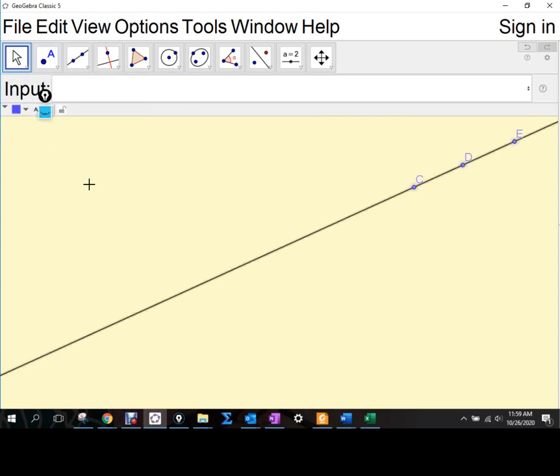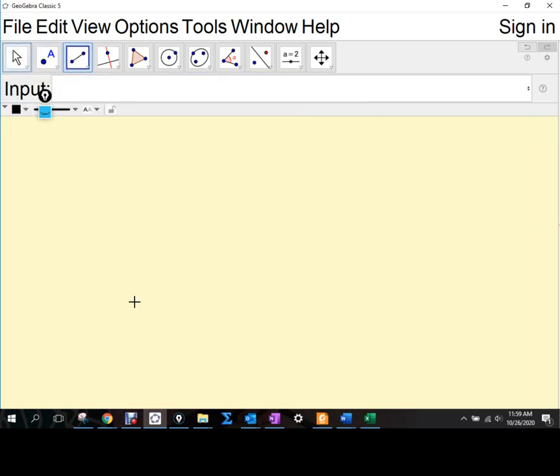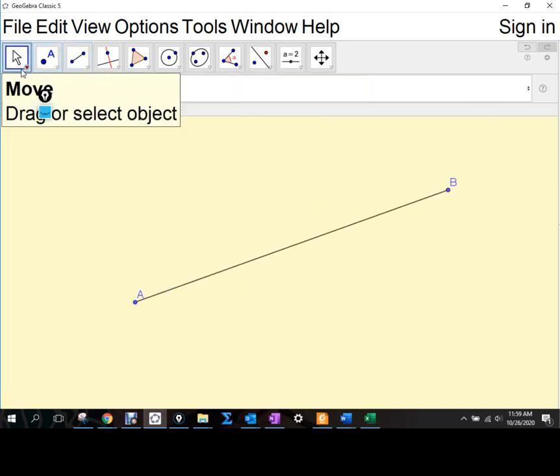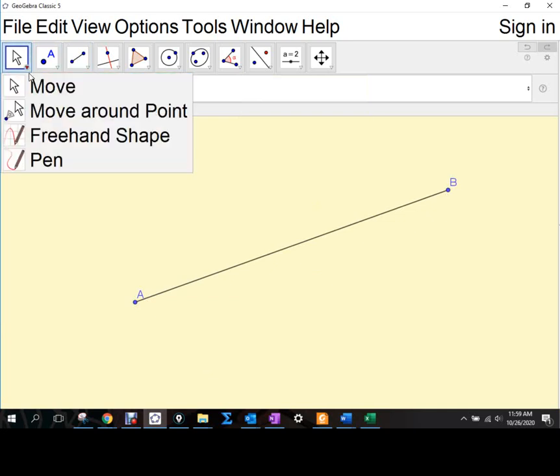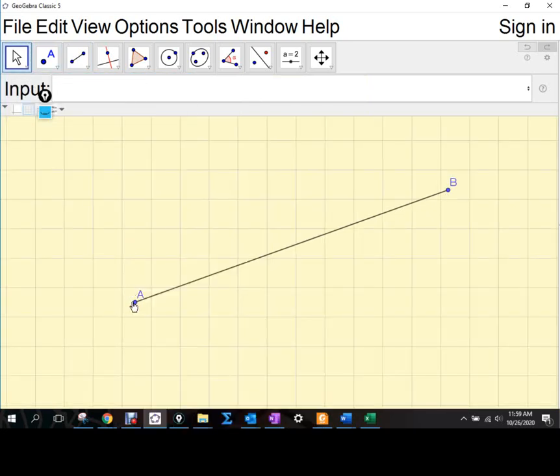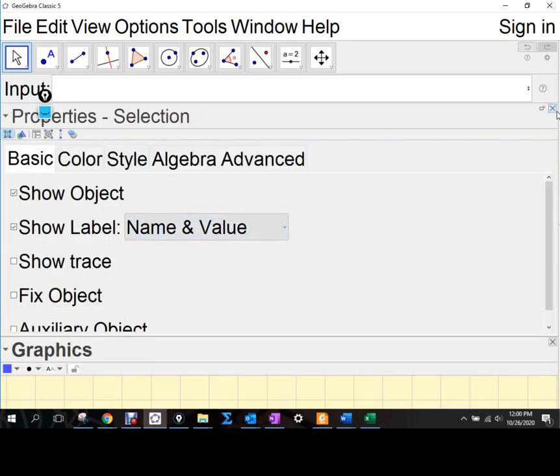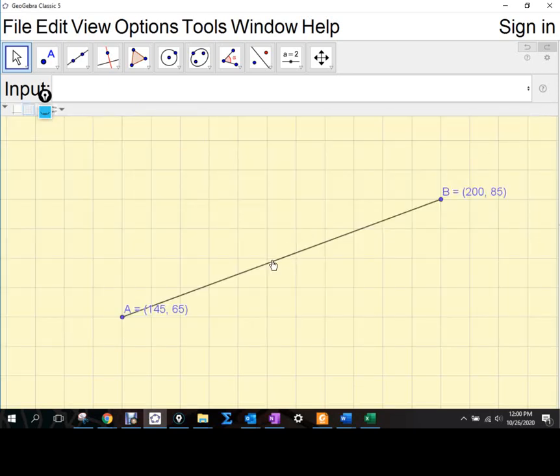So if I take a segment, though, can I find the midpoint of a segment? Well, if you remember from earlier in the course, we would take these ordered pairs, add the x's together and divide by 2, and add the y's together and divide by 2.